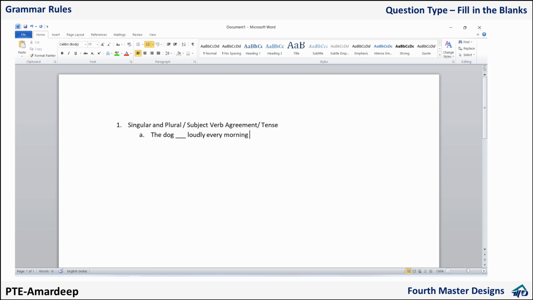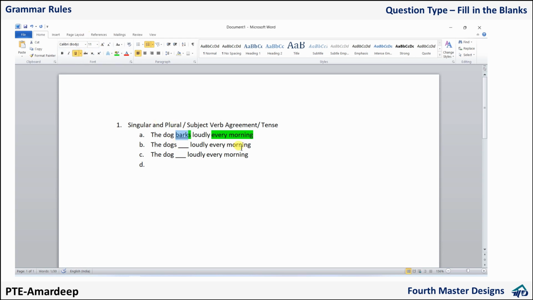Okay, then I'll write the same sentence again. So here we have the dogs, I'll write plural here, and then I'll go with dog only. Now the dog, I will say, barks loudly every morning. It is every morning, so it has to be what? Present simple, so it has to be the S here. Okay, if it is every morning.